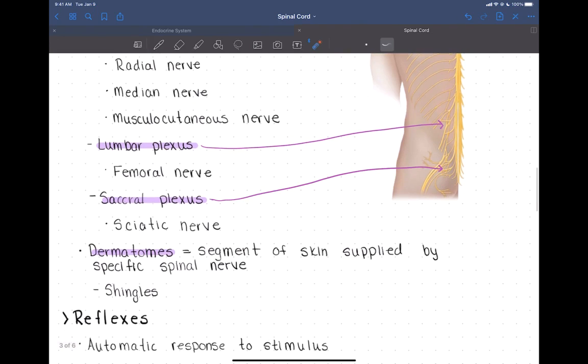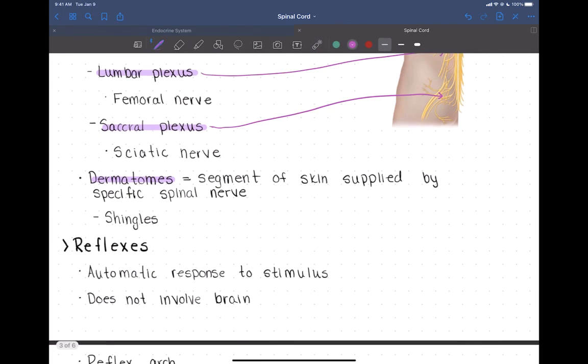One reason this is really interesting is because it plays a major role in shingles. If you've ever known anyone that has shingles, it's from the chickenpox virus, and it travels through the nerves. It travels through a spinal nerve to a specific dermatome and causes the skin in that dermatome to become really inflamed.